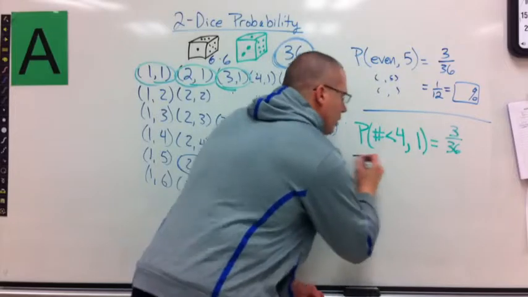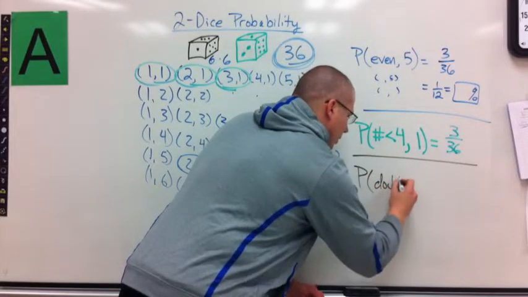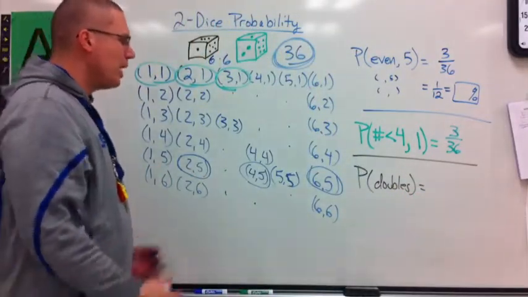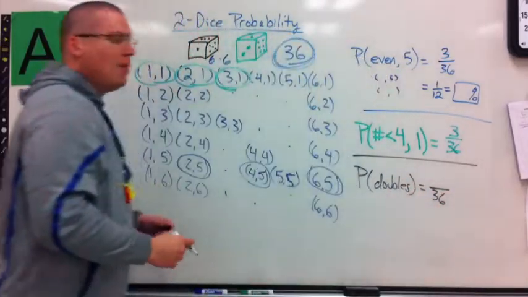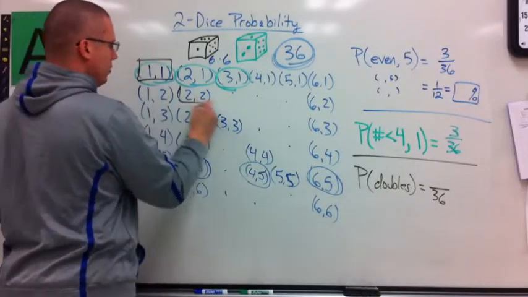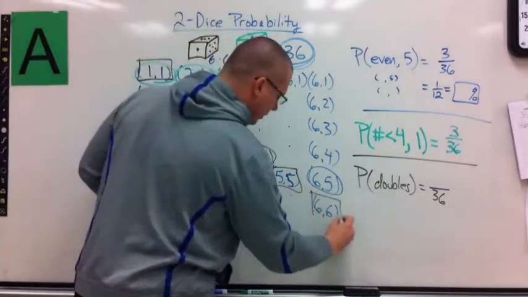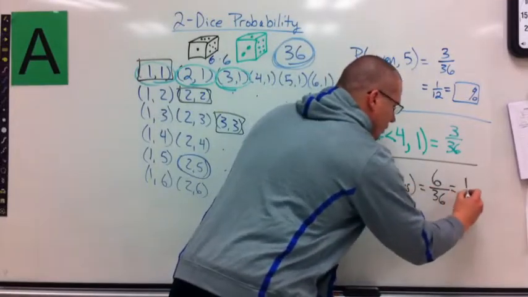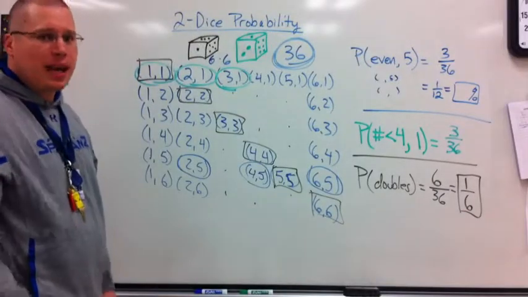Last one. Probability. What if it's the probability that I get doubles? So what I would say is, again, out of 36, how many different pairings give me doubles? 1, 1, 2, 2, 3, 3, 4, 4, 5, 5, and 6, 6. 1, 2, 3, 4, 5, 6. 6 out of 36, or 1 out of every 6 times I roll, I should get doubles.